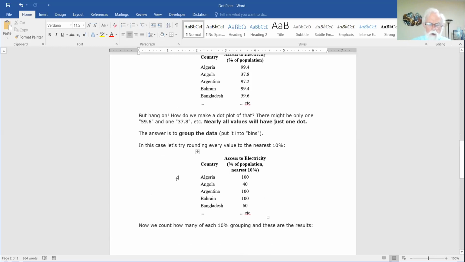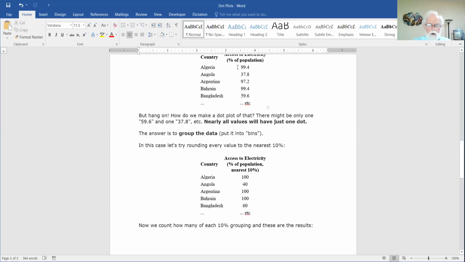But we can't have 212 data points on a readable dot plot or histogram or bar chart. That's just impossible. So we want to reduce the number of data points by putting in ranges.